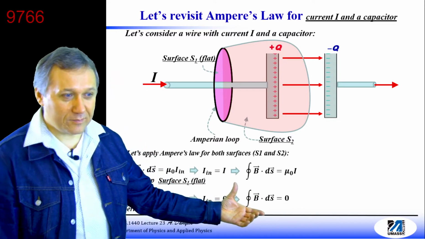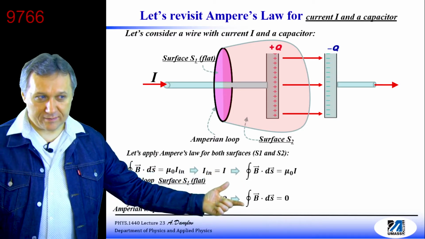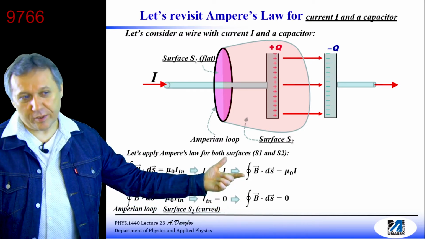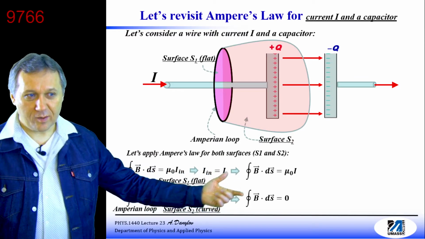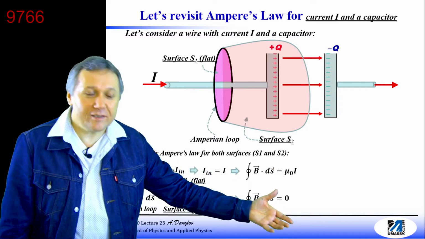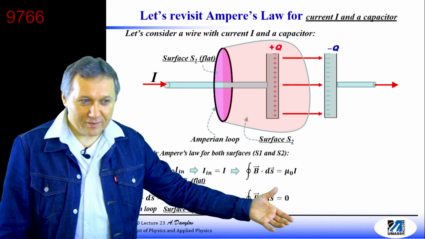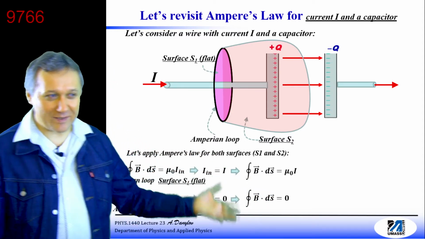How come? Something is fishy. The left-hand sides are the same because we integrate over the same Amperean loop in both cases. But on the right-hand side, here we have mu naught I, here it is 0. Of course, it's impossible.